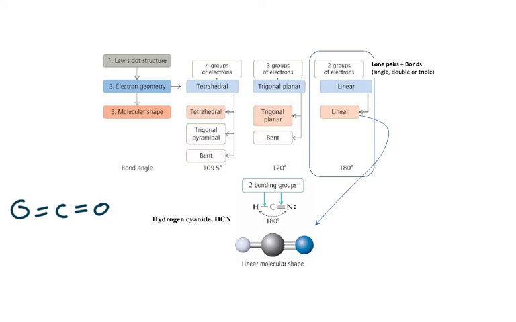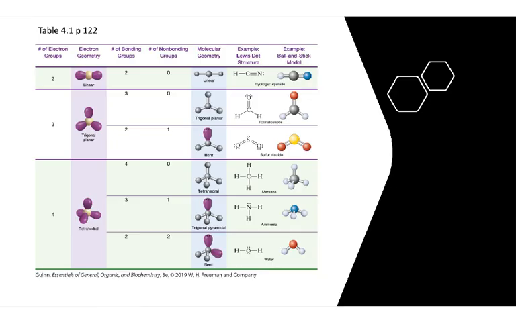This is it. So it's all summarized succinctly in one single table, which is on page 122 of your textbook. And you'll see the same things that we just did, but it's kind of nice to see it here in table form.